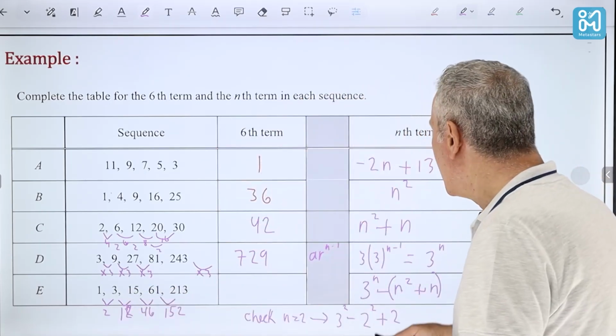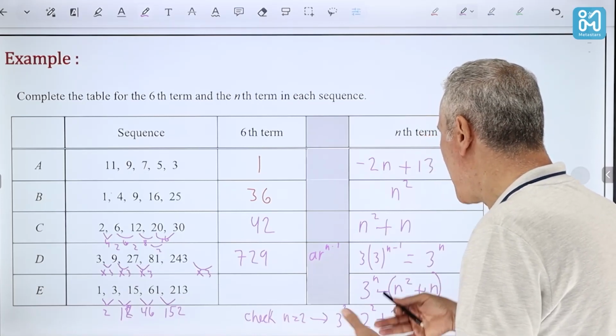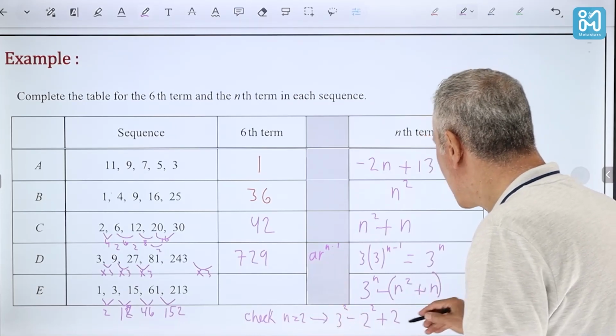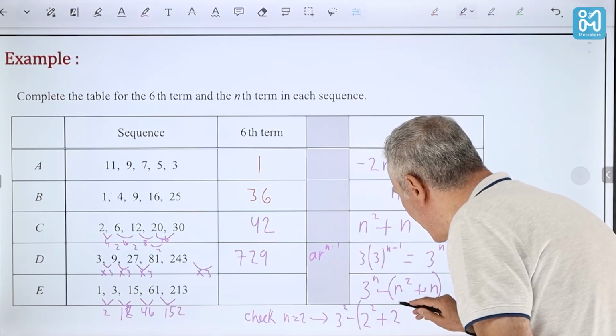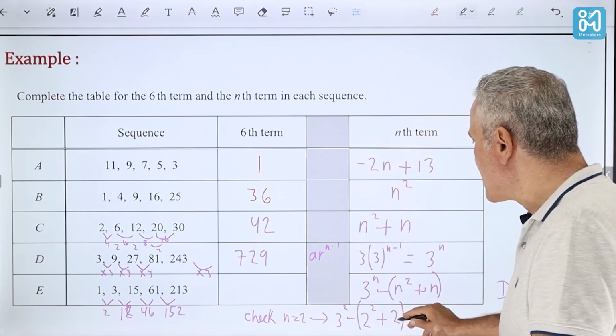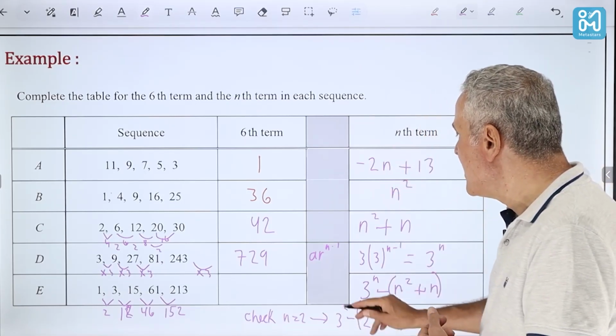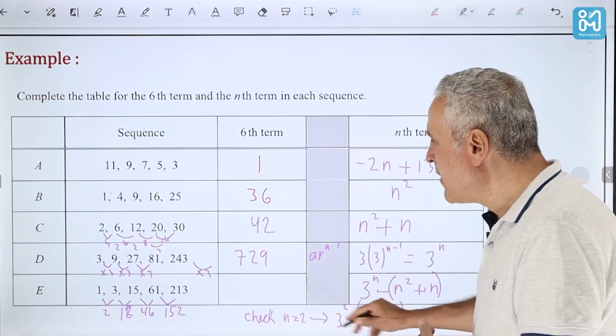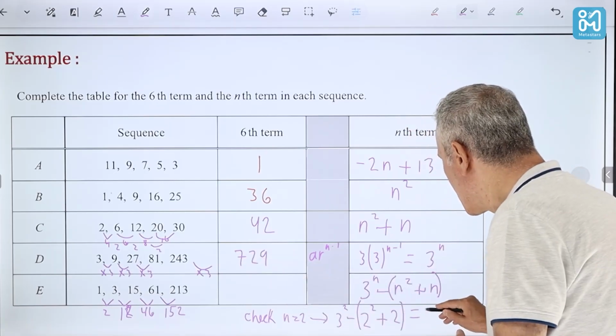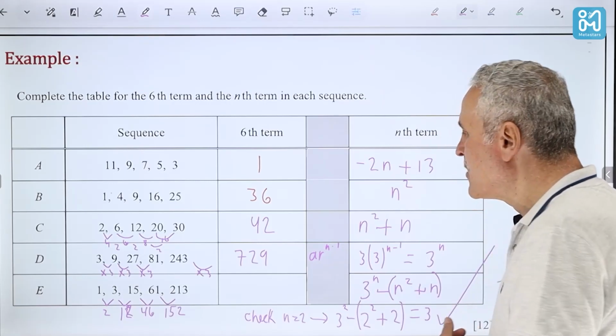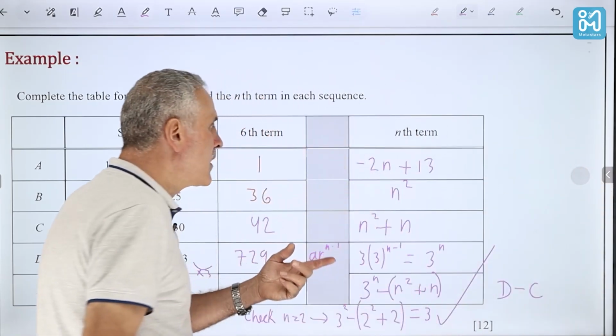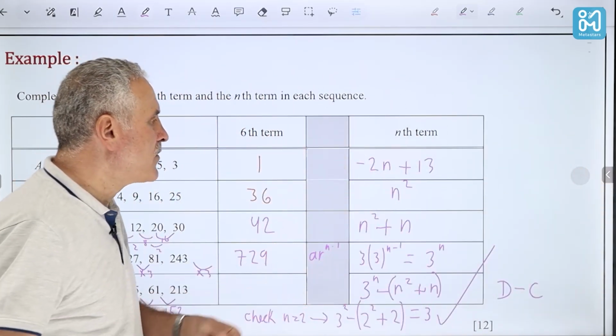So you may fix this up. Don't panic. Take your time and try to fix it up. If it was like this now, 2 squared plus 2 is 4, plus 2 that is 6. 3 squared is 9. 9 minus 6 is 3. So this is correct. So please check every nth term you get before you move on.